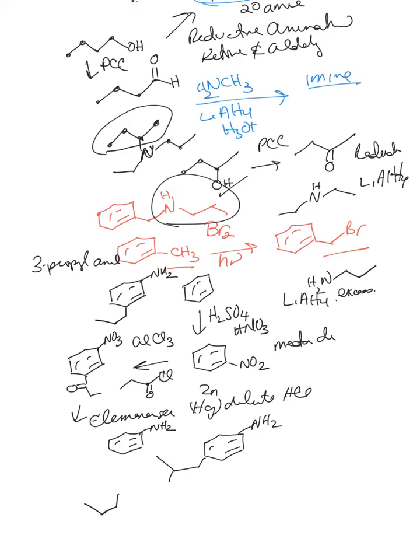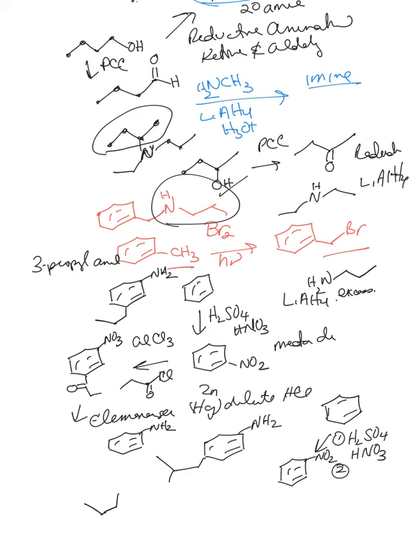You want to first make an amine. So you want to take your benzene group, and you need to react this with H2SO4 and nitric acid. That's going to do nitration, NO2.